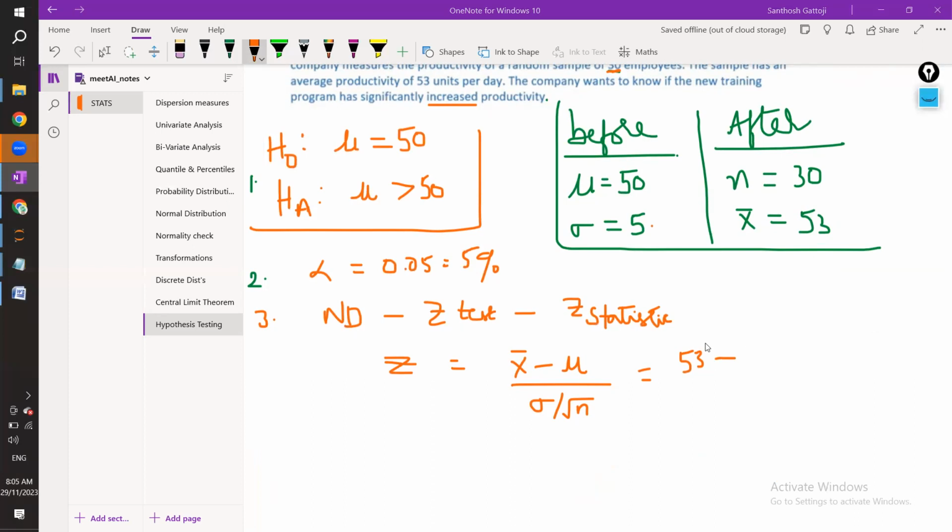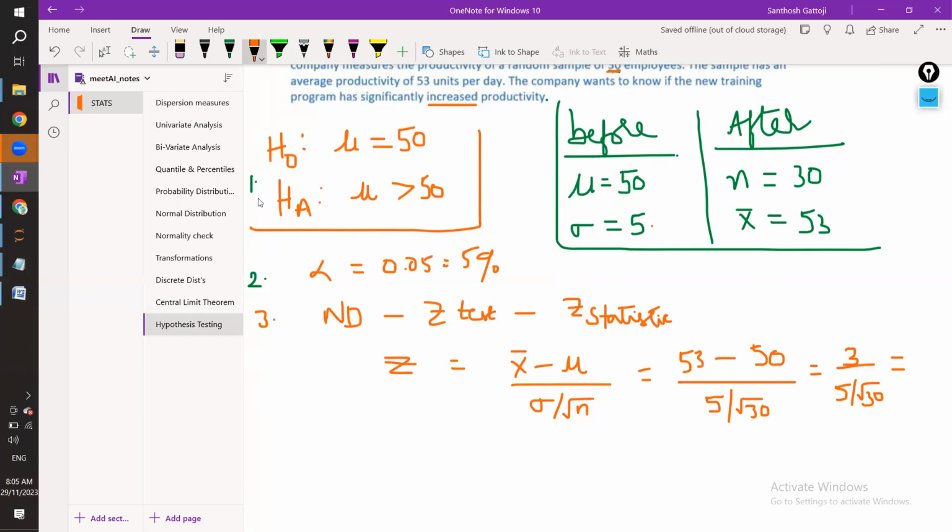Okay. So x bar is 50. What is mu? 50. And sigma is 5 by square root of 30. How much will this be, guys? 3 by 5 by square root of 30.